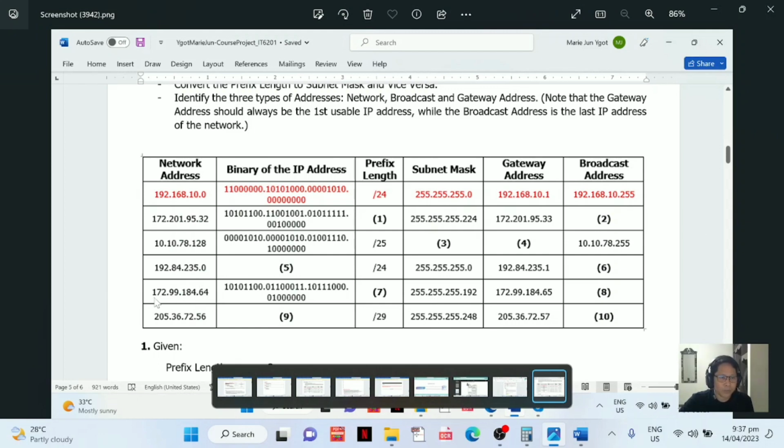Our network address here is 172.99.184.64, and our subnet mask is 255.255.255.192. So this is for problem number 8.